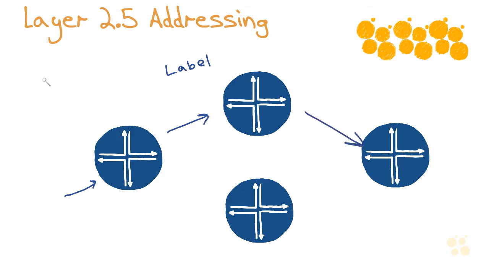This is layer 2.5 addressing, otherwise known as multi-protocol label switching. MPLS allows the movement of traffic based on label assignments. Technically, our routers become what are called label switch routers, or LSRs, and they go ahead and forward based on what's called an LSP, a label switch path.